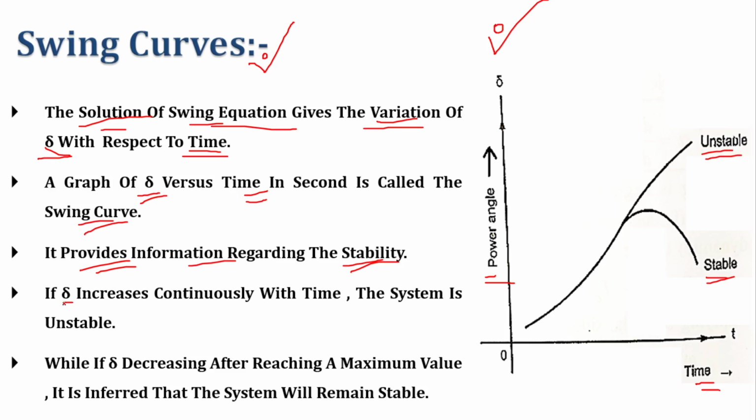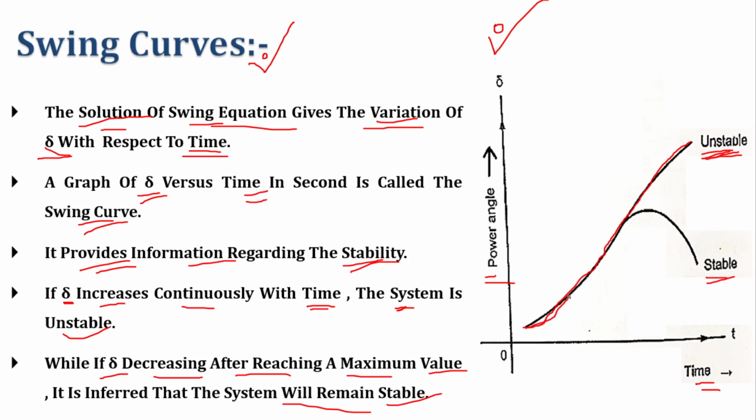So, if delta increases continuously with time, then this system is unstable. If delta is continuously increasing with respect to time, then it gives the unstable mode of operation, and if delta is decreasing after reaching the maximum value, it means the system will remain stable.